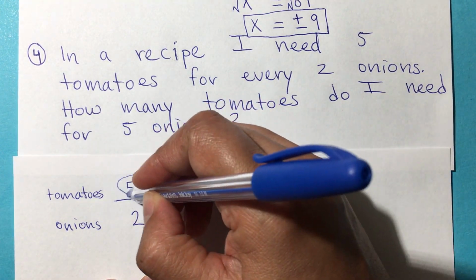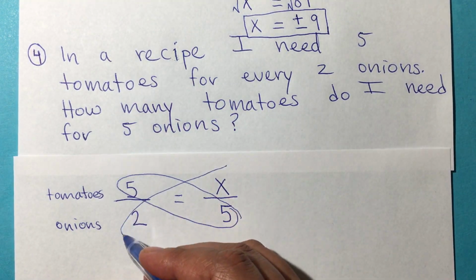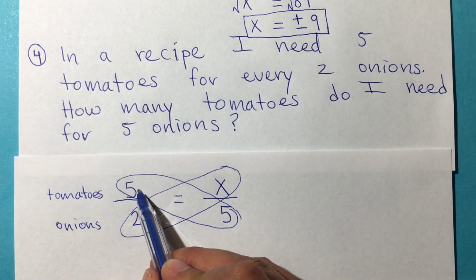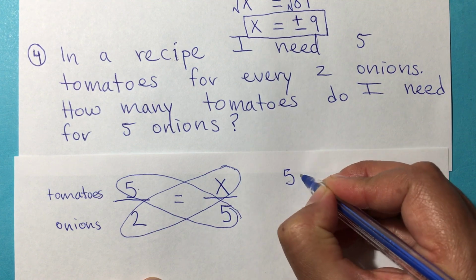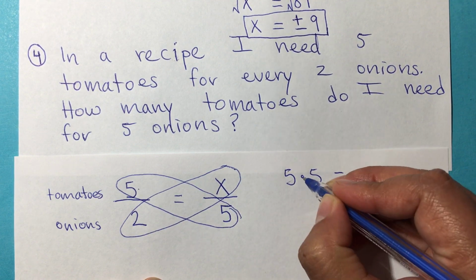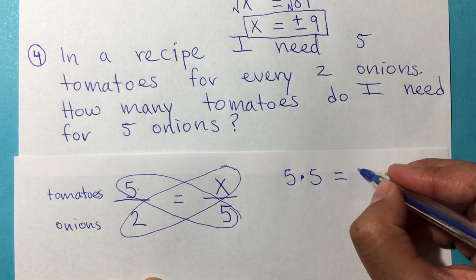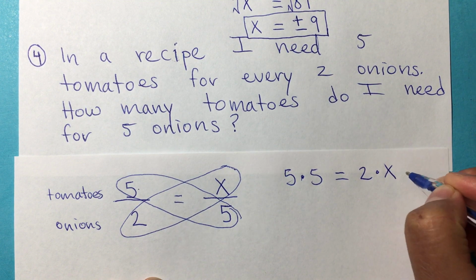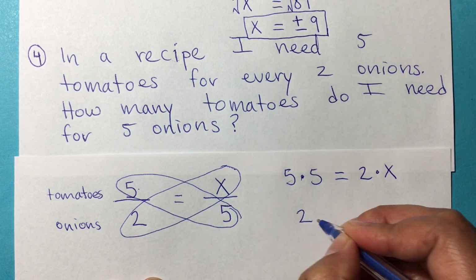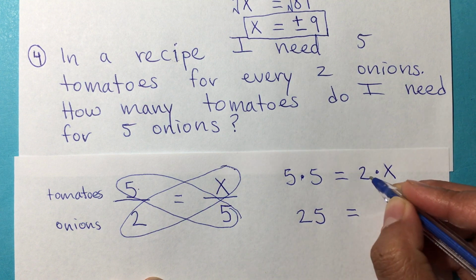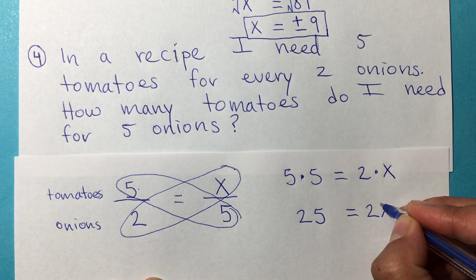Again, we cross multiply or use our butterfly, and then we say 5 times 5 equals 2 times x. 5 times 5 is 25. 2 times x is 2x.